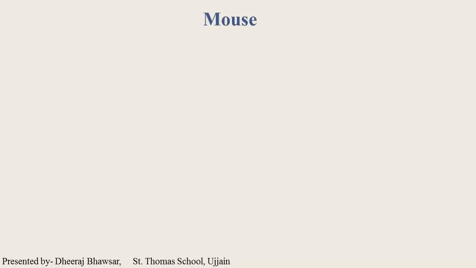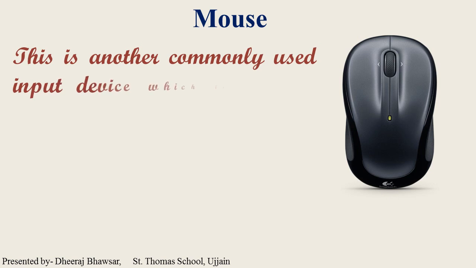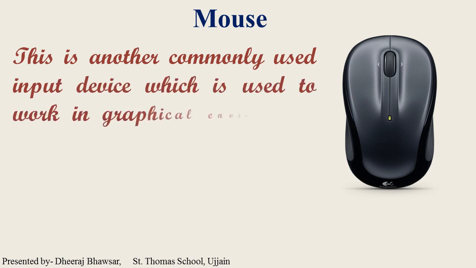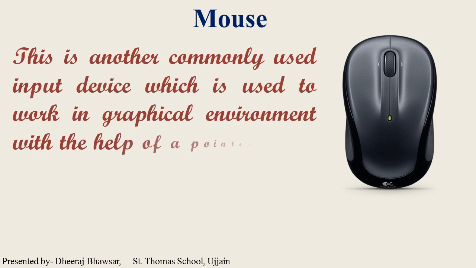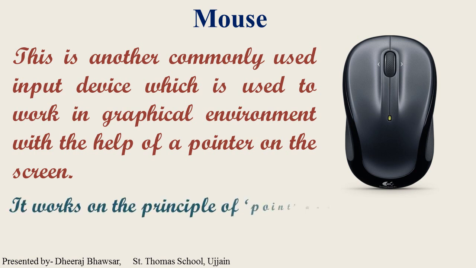The next external input hardware is mouse. You know about mouse. A mouse is a primary pointing device. This is another commonly used input device which is used to work in a graphical environment with the help of a pointer or cursor on the screen, and it works on the principle of point and click.